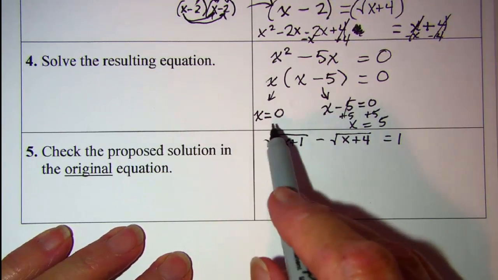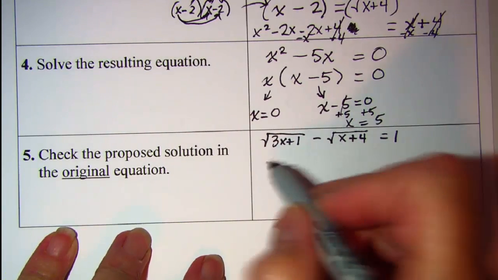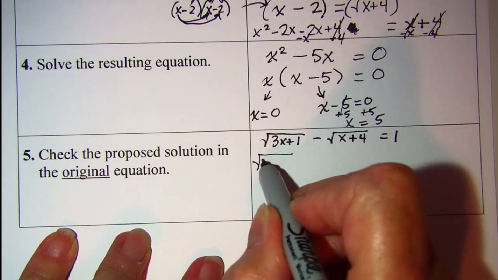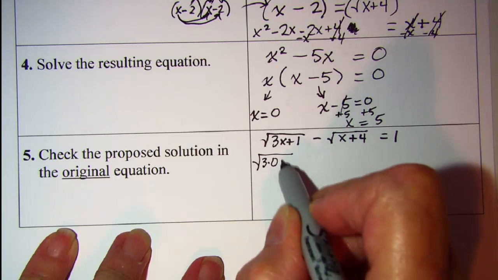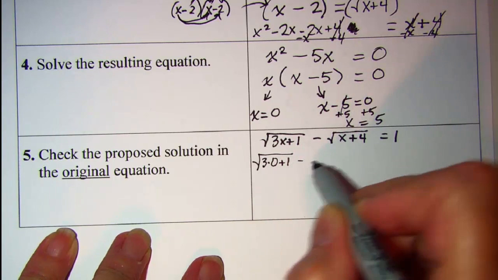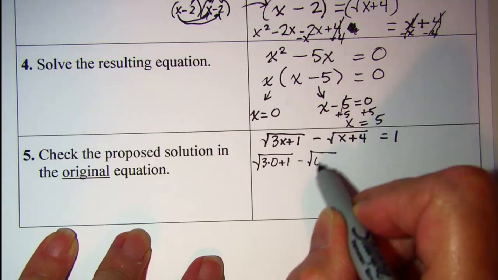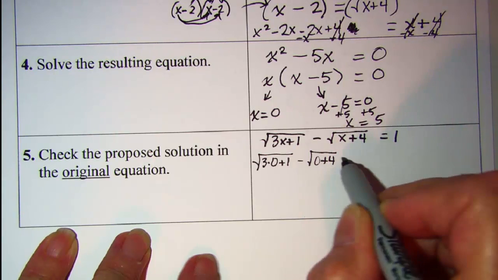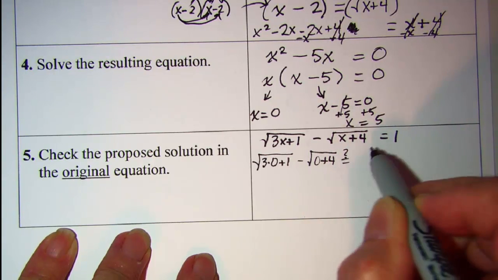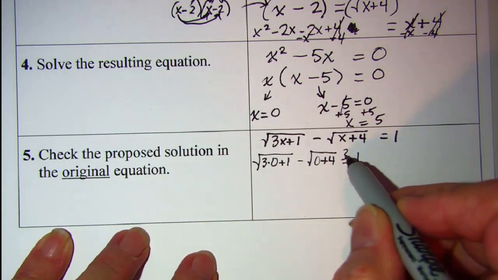Alright, let's check 0 first. So we have square root of 3 times 0 plus 1, subtract square root of 0 plus 4. And we don't know if it equals 1 yet, so I'm just going to put a question mark there.